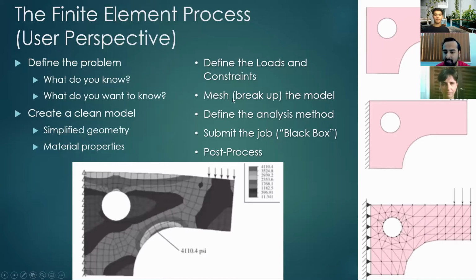And then you mesh, or break up the model into these little elements. Then you pick what type of analysis you want to do. And then you submit the job to the black box of the FEA solver. And then you look at the resulting post-processing you want to do. So for example, in this case, it's looking at the stresses. And you can see here on this curve bend you're getting a stress concentration, because if this part of the wall is not moving, this part is moving down, it's going to compress this region right here.